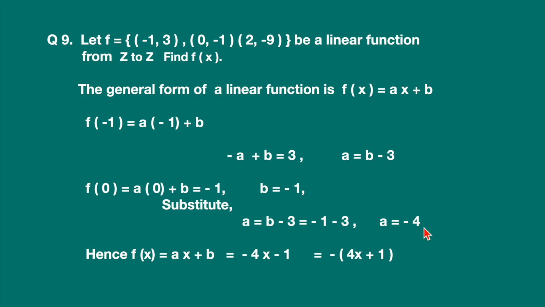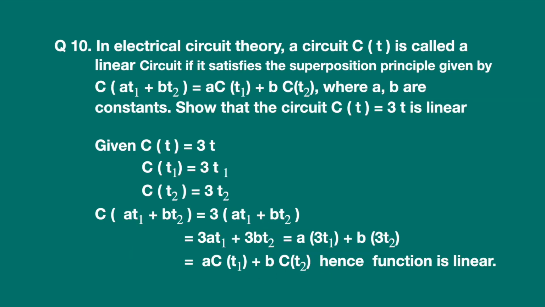So a is equal to minus 4, b is equal to minus 1. Substitute in this general formula. So f(x) is equal to minus 4 into x minus 1. Answer: f(x) is equal to minus 4x minus 1, and if you take minus common, you will get in the bracket 4x plus 1. Even if you write like this, it is enough.